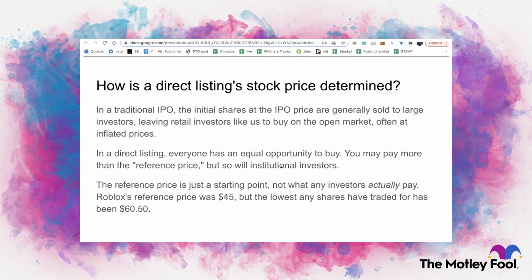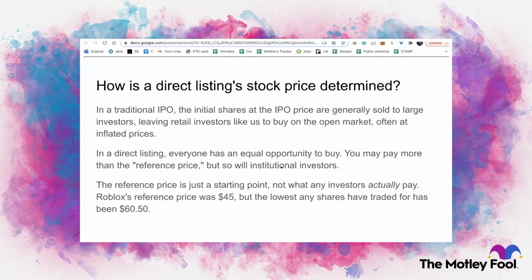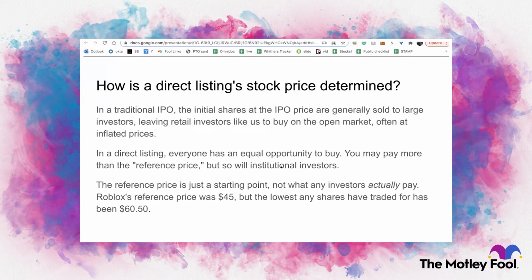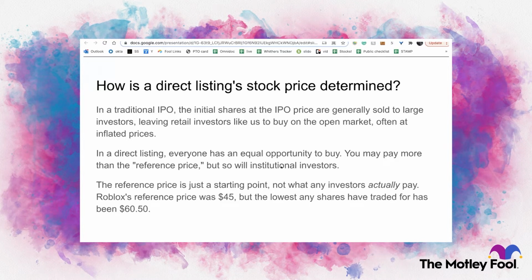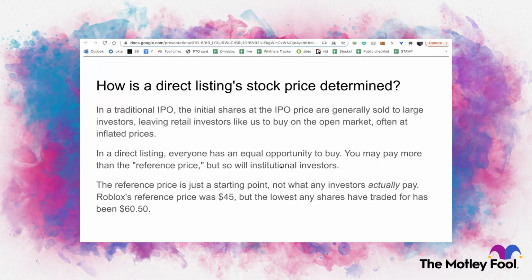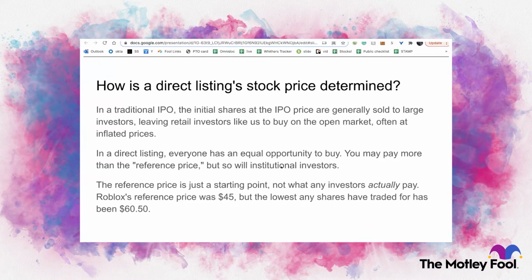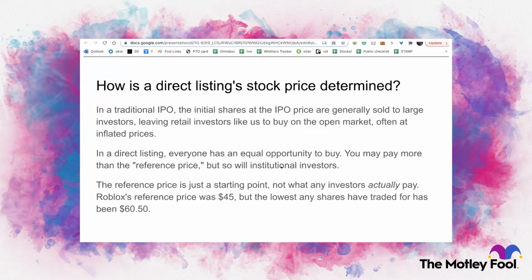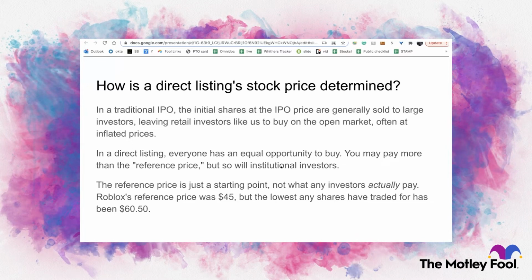So the shares at the IPO price, anyone who tried to get in on the Airbnb or DoorDash IPOs, I don't know if Brian owns shares of either of those, but if you wanted to get in at the IPO price, you were pretty much out of luck. The shares at the IPO price are generally sold to large investors, leaving retail investors to buy on the open market at whatever supply and demand allows them to do so once the shares begin freely trading.